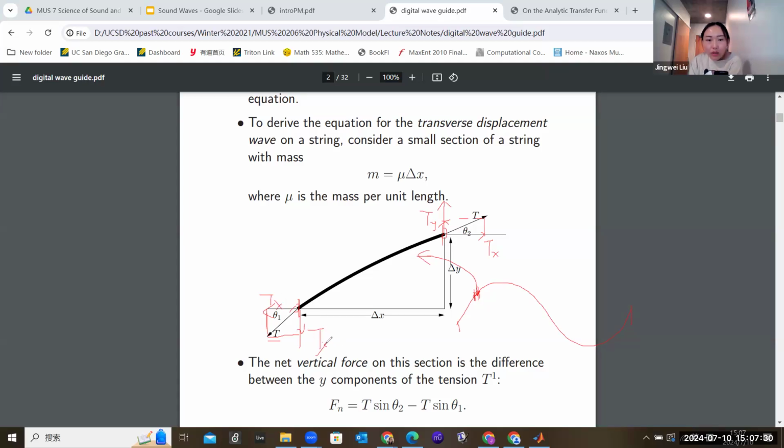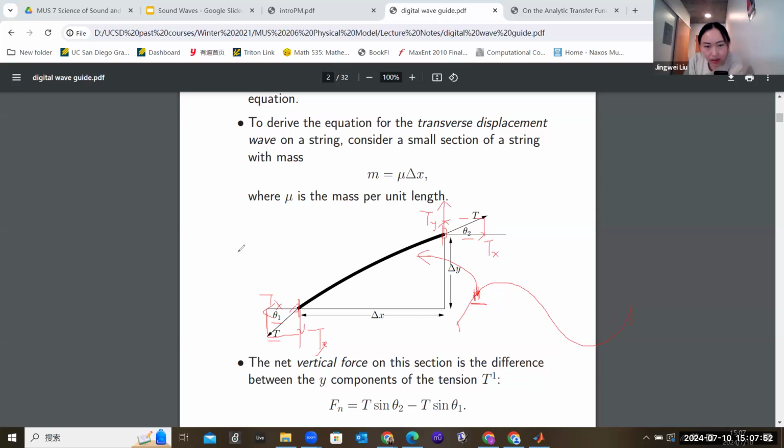So in this model, because theta 1 and theta 2 are extremely small, because we are only taking a very small part here, we can basically think theta 1 and theta 2 are pretty small, and they are subject to a lot of approximations.